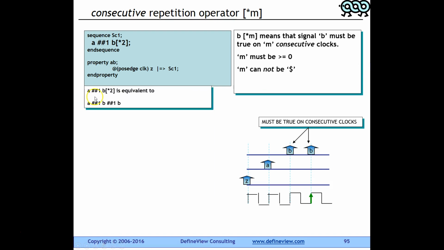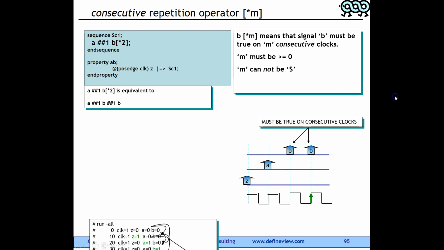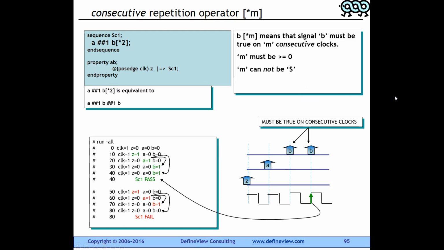So here is a clear definition of what this means. It is equivalent to A pound 1 B pound 1 B. This is identical to A pound 1 B star 2. Here's a simple simulation log.